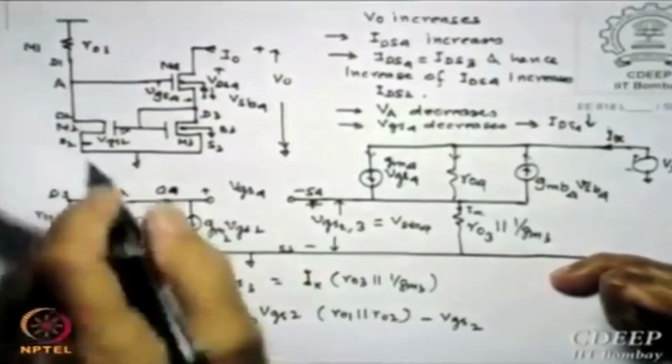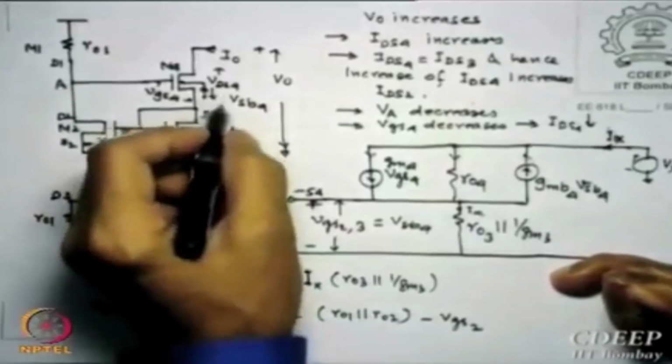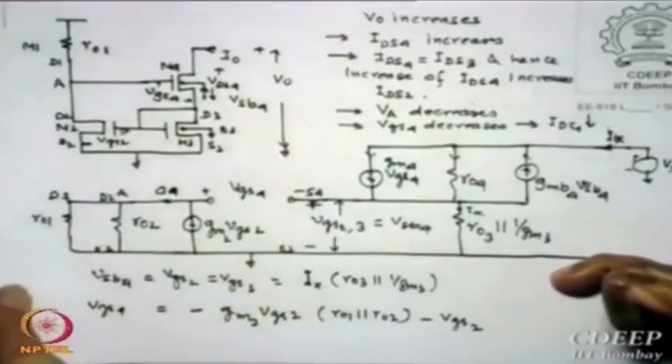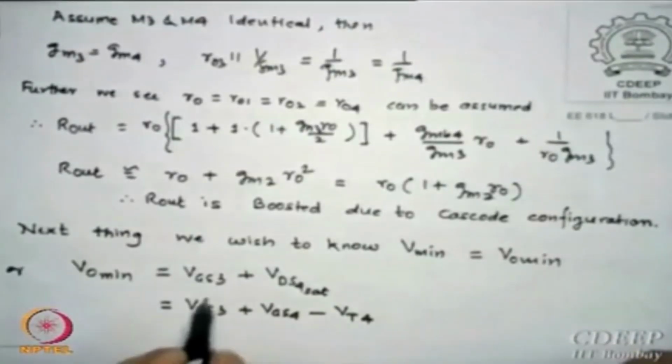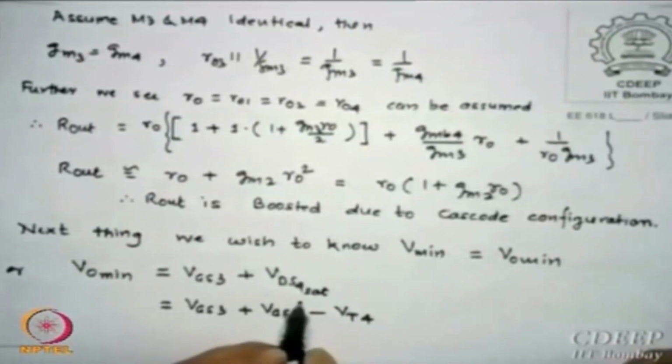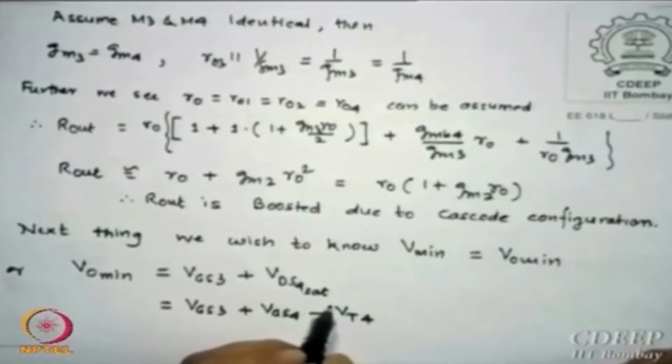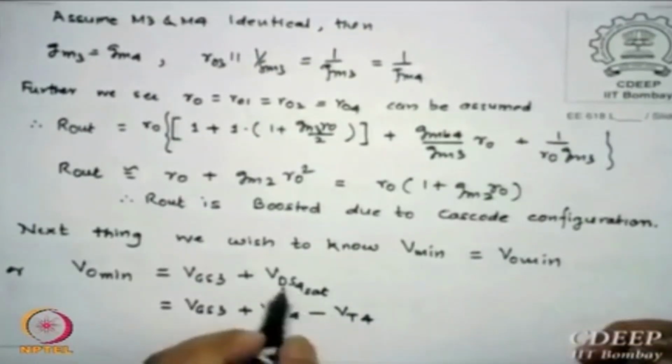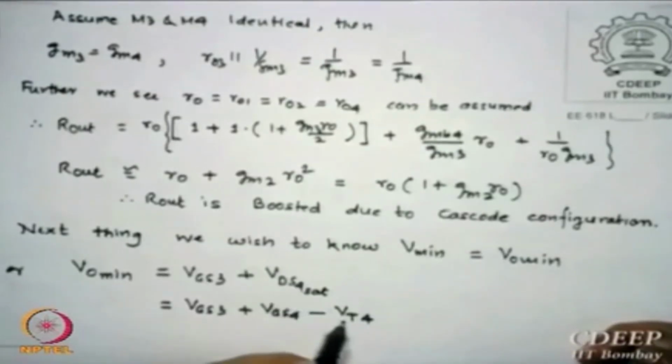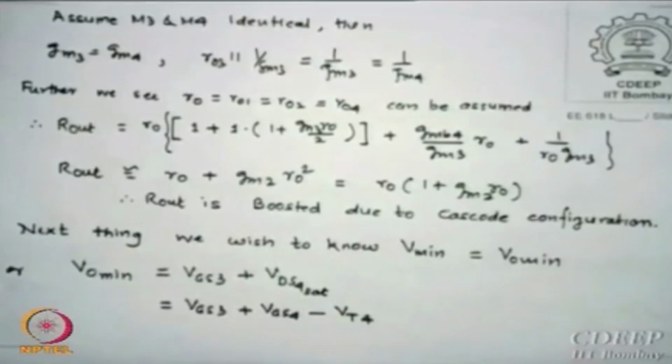So VGS3 plus VDS4 is the output voltage VO. So VO is VGS3 plus VDS4 sat, the transistor must remain in saturation. What is the edge of saturation minimum? VGS minus VT. So you substitute VGS4 minus VT4.